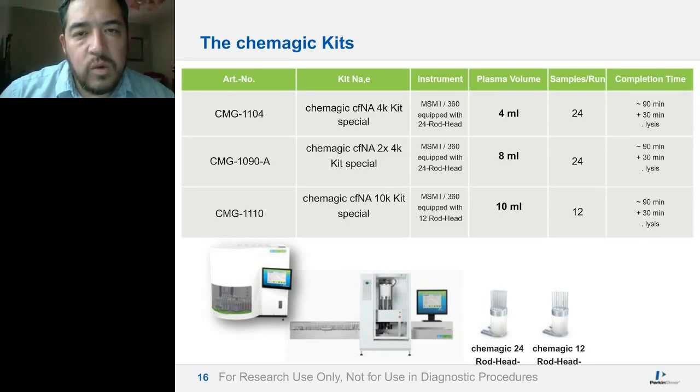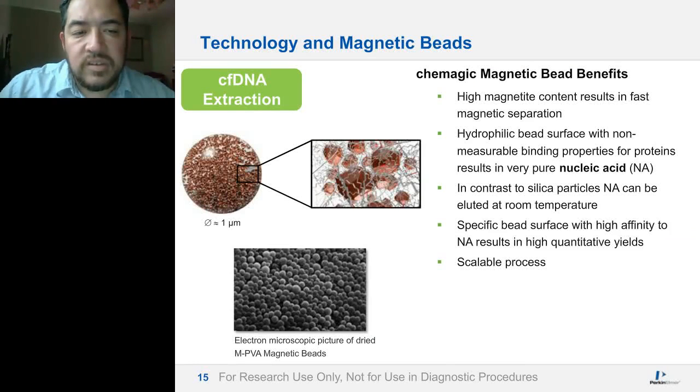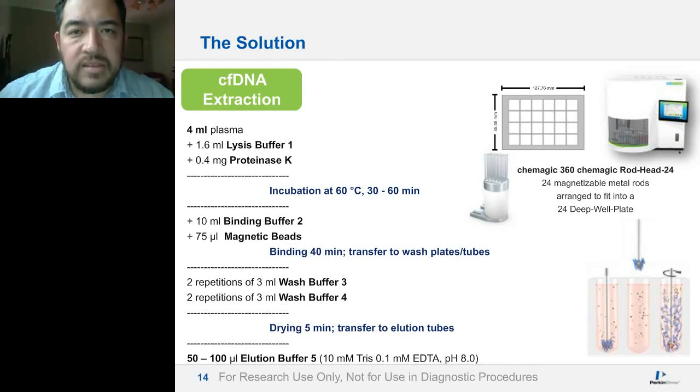Once the lysate is generated, the runtime of the instrument is approximately 45-50 minutes. That works for 1 to 96 samples using the high throughput system, the MSMR 360, and for 1 to 12 samples using the low throughput system, the chemagic Pepito.